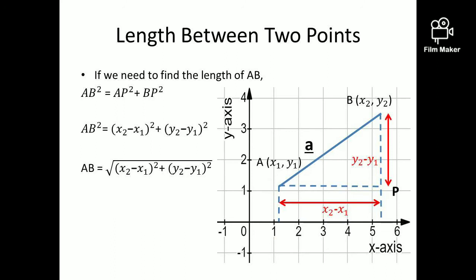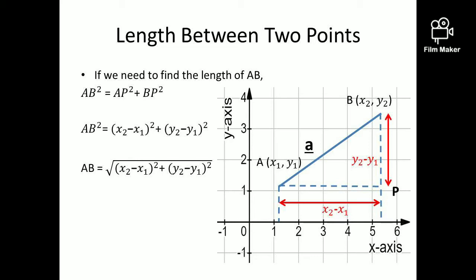Suppose that we need to find the length between two points A and B, where the coordinate of A is (x1, y1) and the coordinate of B is (x2, y2). Then I will generate a right angle triangle APB. When you generate this right angle triangle, you can understand that the length of AP would be the difference between the x coordinates. Therefore, you can mark it as x2 minus x1. The length of BP is the difference between the y coordinates, so you can mark it as y2 minus y1.